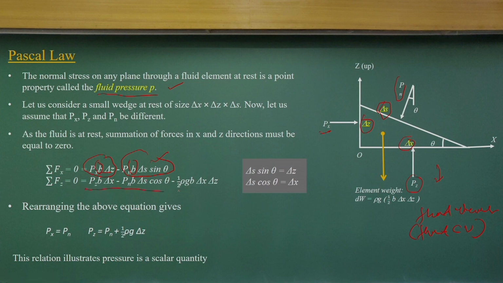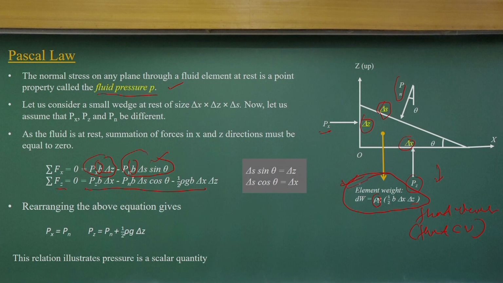In a similar way, we can write the equation in the z direction, where you can see there is a weight component. The weight of this element or control volume will be half of B delta x delta z, which is the volume, multiplied by the unit weight, which is rho times g. This is very simple. The weight of the control volume is the volume multiplied by the unit weight, that is, the product of density and acceleration due to gravity.